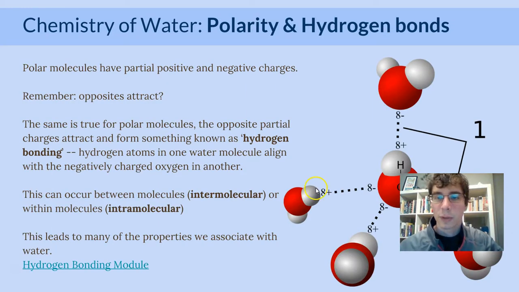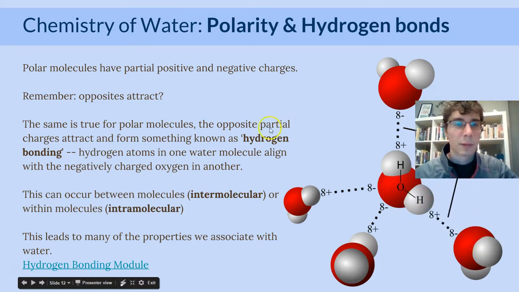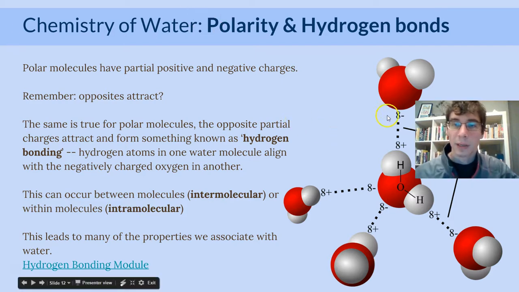All right, so going into a little more detail here about polarity. Since polar molecules have partial positive and negative charges, they will attract. Remember, opposites attract, just like magnets, just like the saying goes, opposites attract. It's also true in chemistry. And in this case, our opposites are going to be the negative oxygen atom and the positive hydrogen atom.